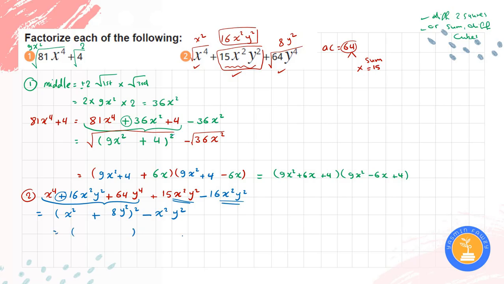So open two brackets, one with plus and one with minus. The square root of the first is x to the power 2 plus 8y to the power 2. And the other one will be xy, because the square root of x squared y squared is xy. Here it will be again the same first and second term, and here we have xy.